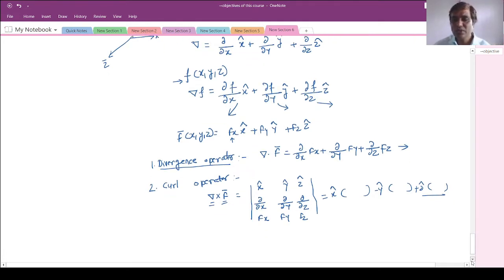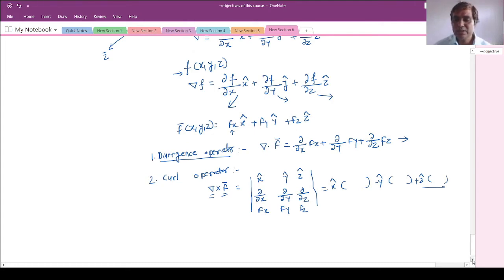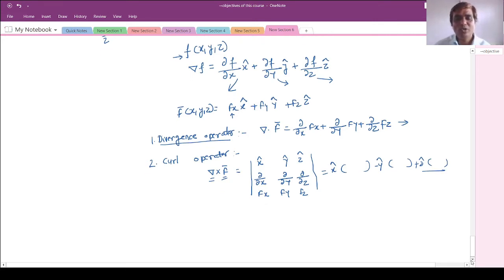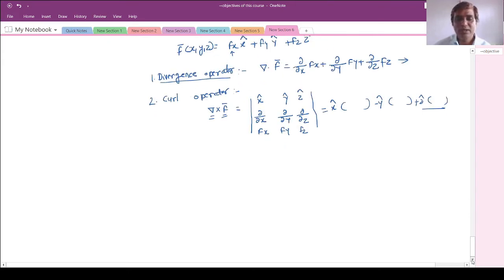Fine. So with this, let us now imagine how the divergence operator and curl operator behave. For example, consider a volume or a box, and the vector field is like your fluid. Consider a small box or small volume, and I would like to calculate the total net flow of fluid from that box, per unit volume.